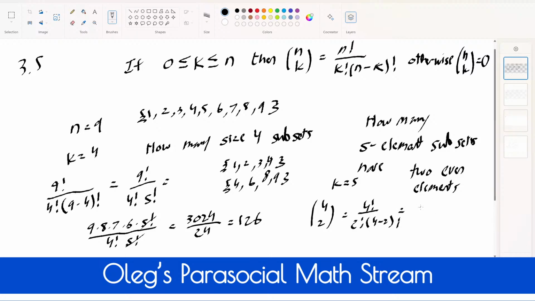So that comes out to 4 factorial over 2 factorial times 2 factorial, which is 4 times 3 times 2 factorial over 2 factorial times 2 factorial. There we go. So that becomes 6. All right. So there's 6 ways to do that. Okay, good.